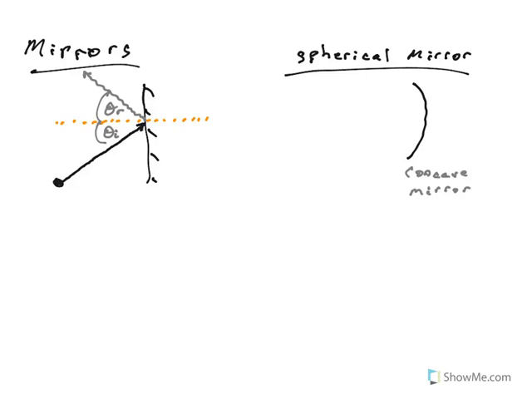Because if you think about light coming in from the left, it sees a caving in type surface. So concave, that's how I remember it. Concave is where the mirror kind of comes into itself. So the question is, if I have some object at a certain location away from this mirror, how will the light rays react?